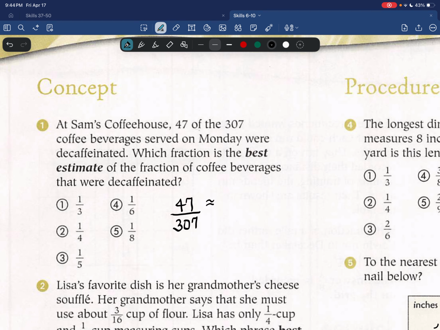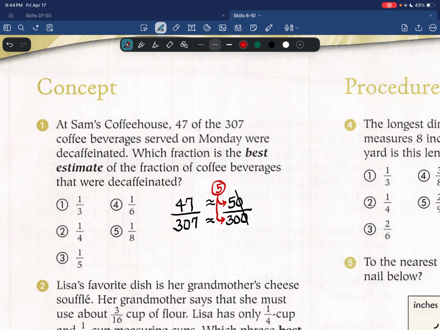So 47 is awfully close to 50, and 307 is pretty close to 300. So I'm just going to estimate, take off one of my 0 pairs, and then reduce by 5. And this was in the computation review, how to do this reducing.